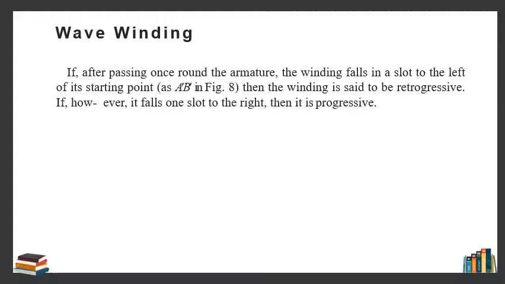If after passing once round the armature, the winding falls in a slot to the left of its starting point, then the winding is said to be retrogressive. If, however, it falls one slot to the right, then it is called progressive winding.